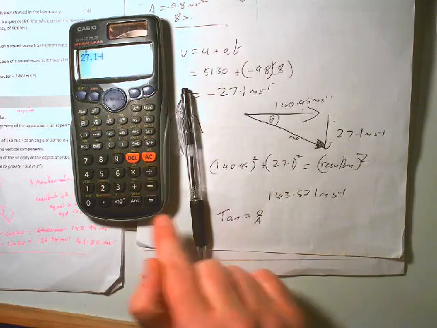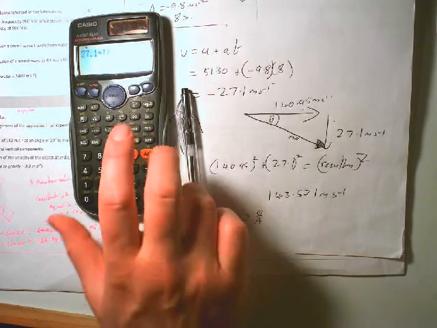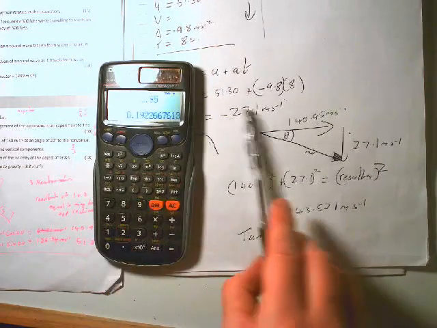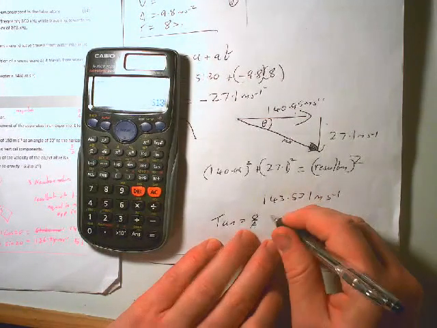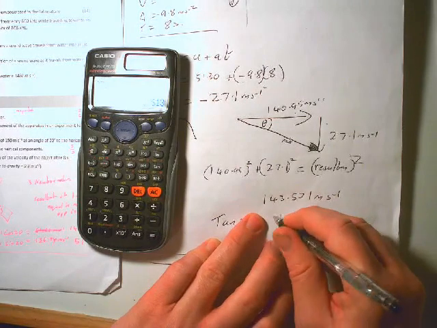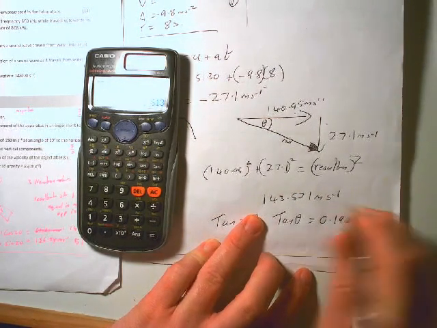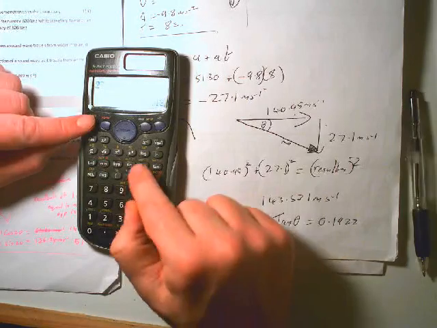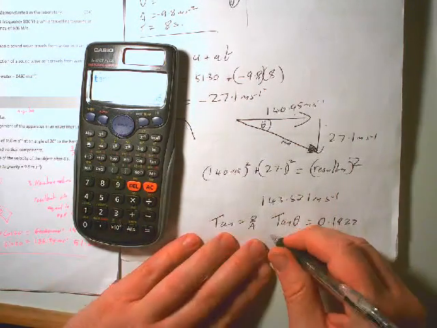Okay, so we need to get, what is this angle here? Well, let's think of what we know. We know the opposite and we know the adjacent. So tan is equal to opposite over adjacent. So let's put in our opposite over adjacent: 27.1 divided by adjacent of 140.95 gives us a value of, now to be careful here, so the answer is going to be tiny, 0.19.